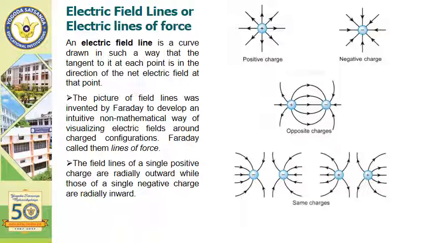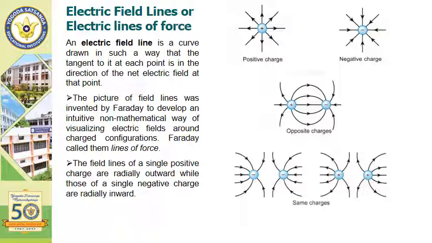Also we have some general properties of electric field lines. The first one is that electric field lines start from positive charges and end at negative charges. If there is a single charge, they may start or end at infinity. Secondly, they are continuous curves, meaning they do not form any closed loop.